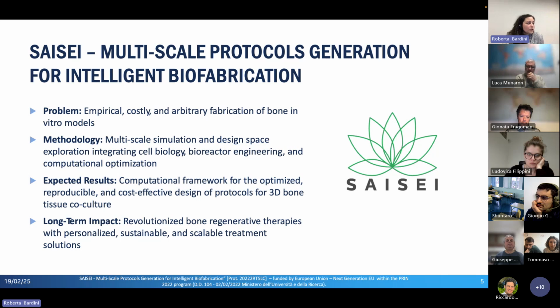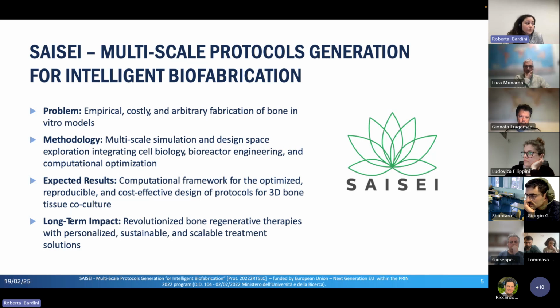And the methodologies that it puts into place to do that are multi-scale simulations of the in vitro model, optimization via simulation, which leverages such simulations to explore the design space of the in vitro model and to find some optimal spots for the design, and it relies on the implementation of said in vitro models in the laboratory, both static culture and dynamical cultures, for the in vitro validation of the computationally designed protocols it generates.